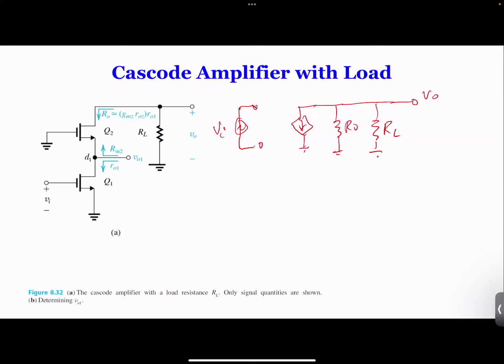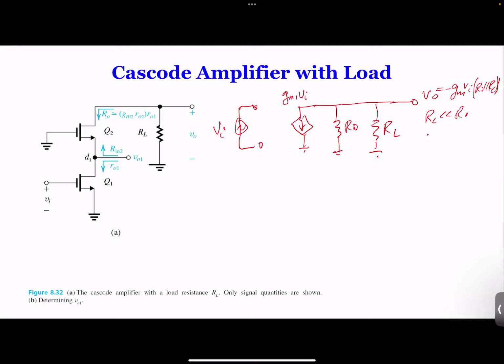So now you can calculate VO. Eventually the load is going to be, so VO is equal to minus GM1 Vi times the parallel RO over RL. But of course, if RL is much smaller than RO, then your VO goes back.